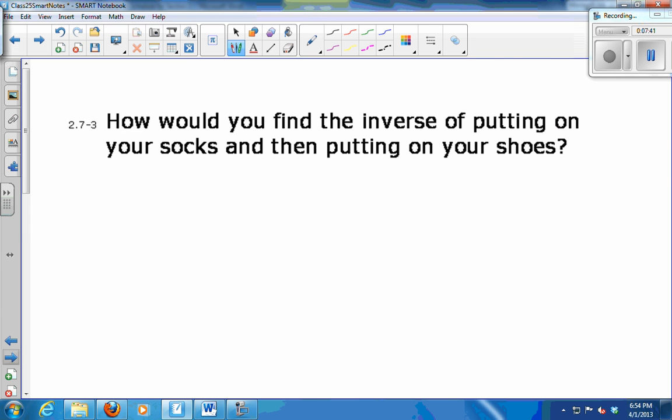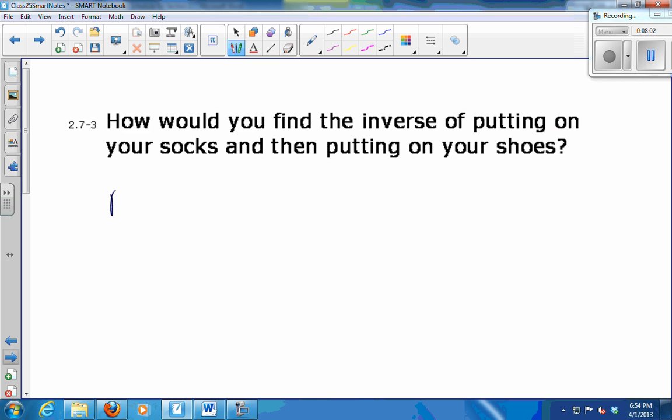So what's the inverse of putting on your socks and then putting on your shoes? Take off your shoes, take off your socks, right? Inverse functions undo each other. So if you put on your socks and then put on your shoes, to undo it, you have to undo it in the reverse order that you did it.